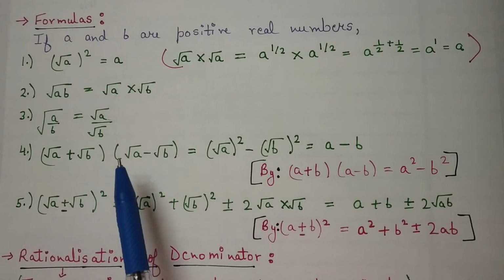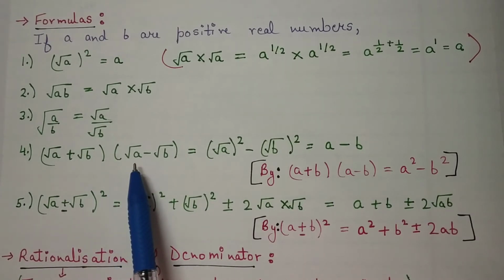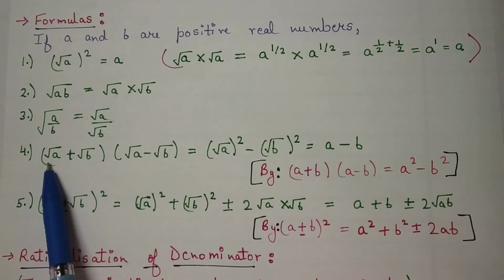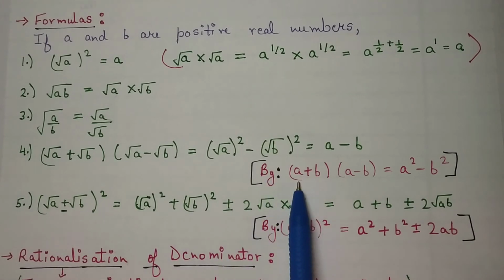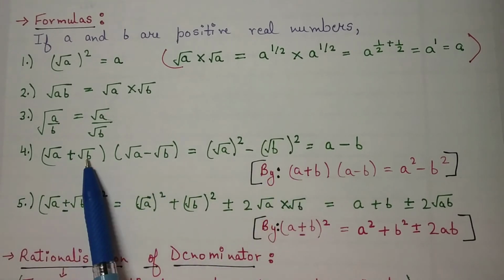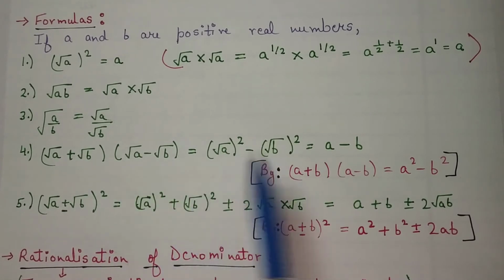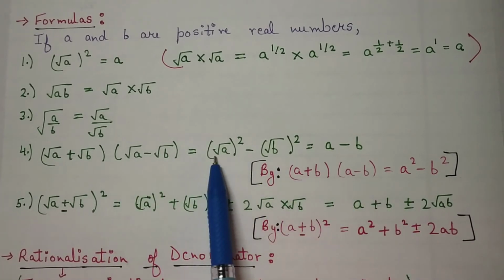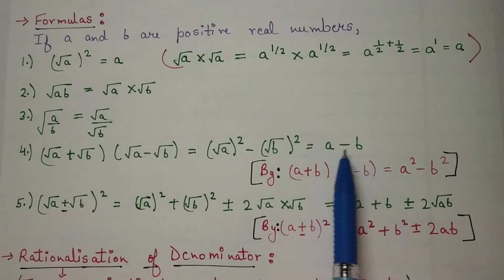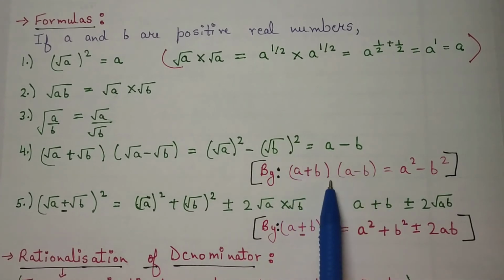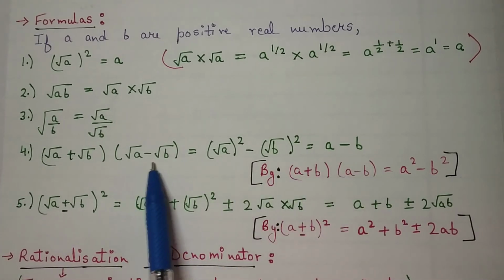This formula can also be used in root cases. Here root a can be taken at the position of a, root b can be taken at the position of b. So applying this formula, it becomes a minus b. You can directly learn this formula or apply it to obtain the answer.